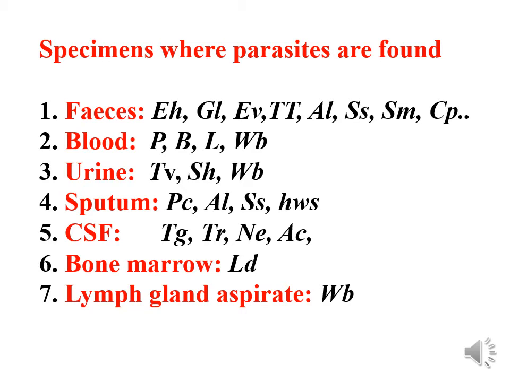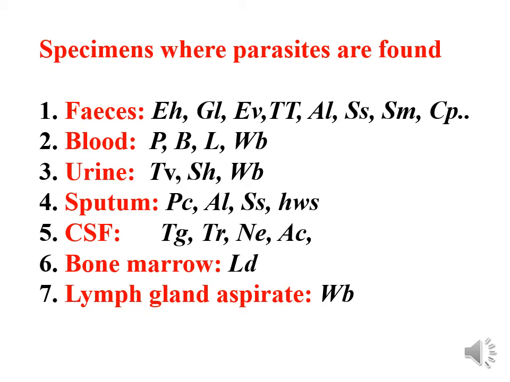For example, in the feces, you can identify Entamoeba histolytica, Giardia lamblia, Enterobius vermicularis, Trichuris trichiura, Ascaris lumbricoides, Strongyloides stercoralis, Schistosoma mansoni, and Cryptosporidium parvum. So in the stool, you recover more. And there are, for example, hookworms, Ancylostoma duodenale and Necator americanus.